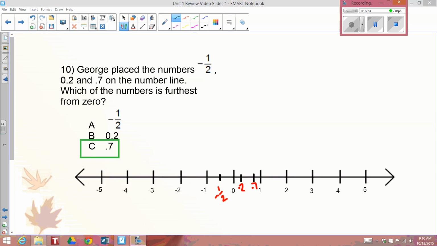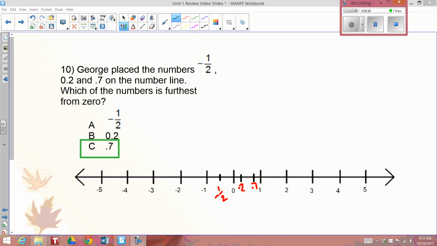Here's another question where a number line will help us. George placed the numbers -1/2, 2/10, and 7/10 on the number line. So I went ahead and plotted those points. Once I plotted the points on the number line, I can see which one is furthest from 0. I can see that 7/10 is the furthest away from 0.